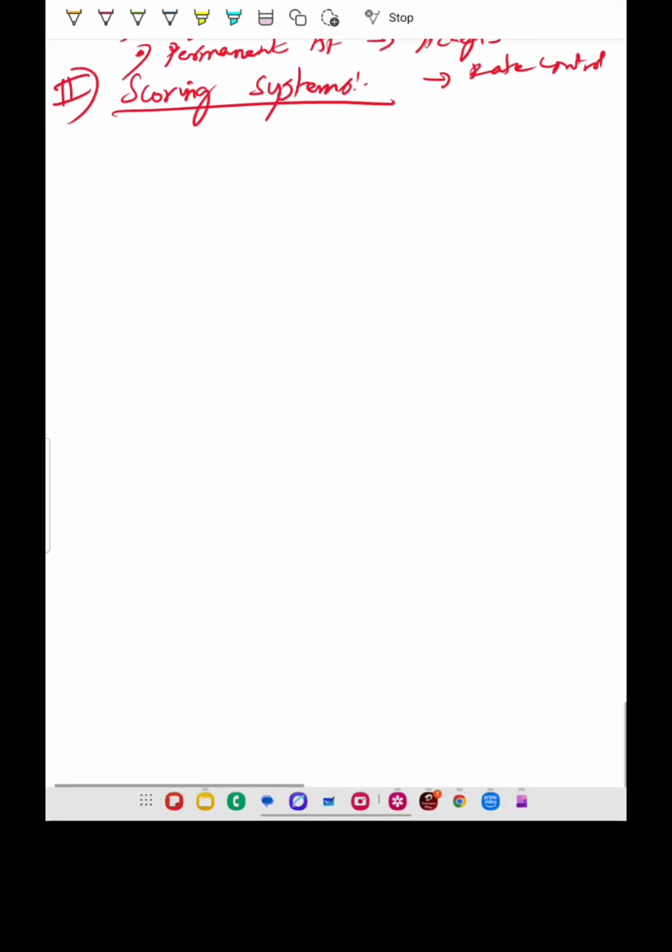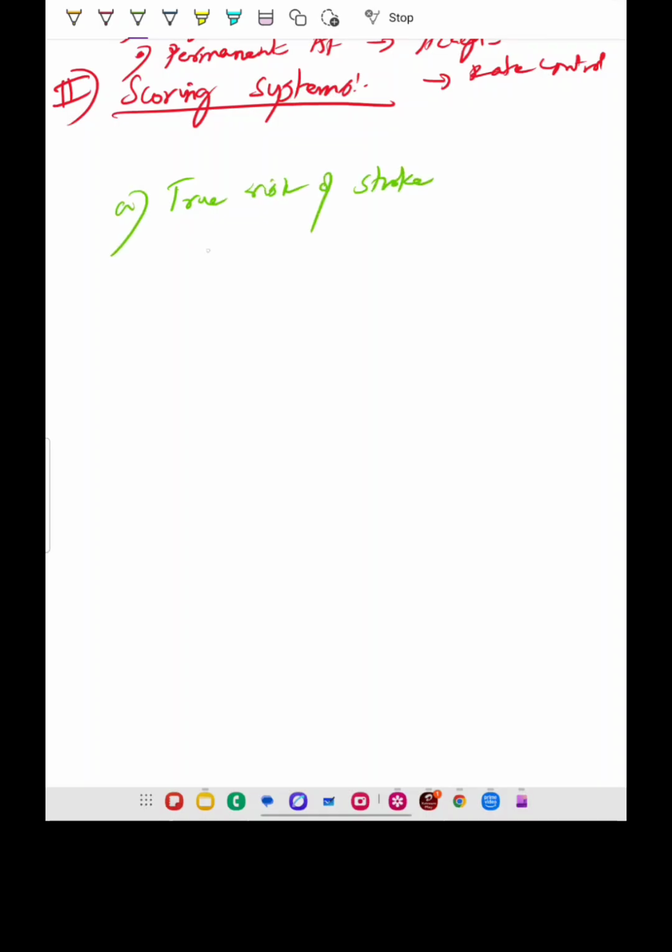So let's look into the scoring systems used in AF. You have a scoring system for assessing the true risk of stroke. That is the CHADS-VASc.